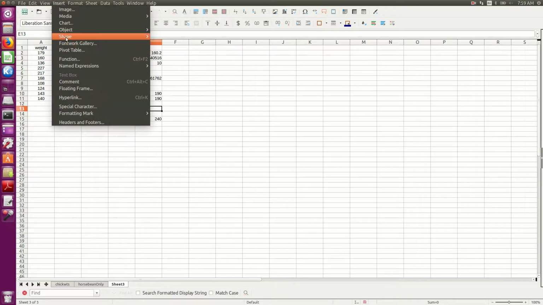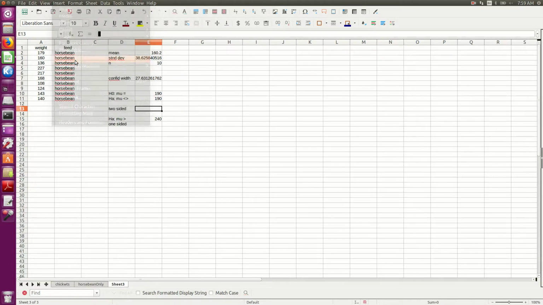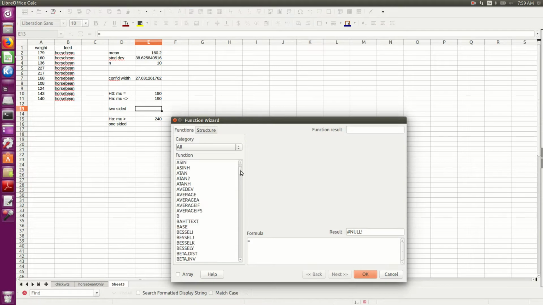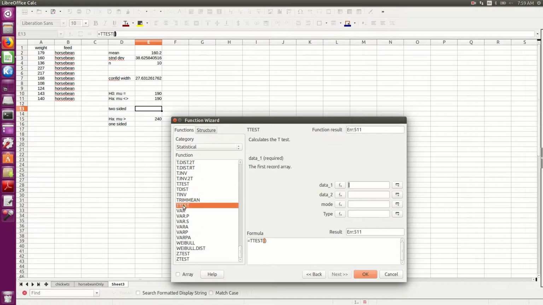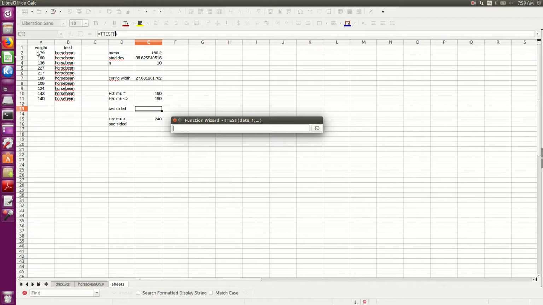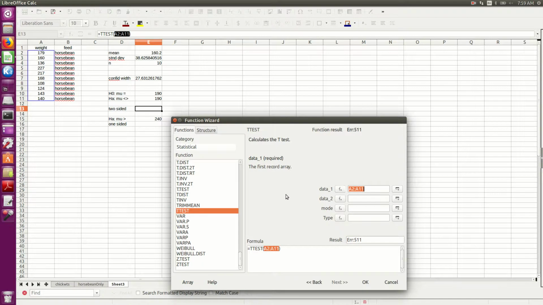So if I go to insert, it starts looking good. I say function, I scroll down here, and I find a t-test somewhere, t-test, or there's also t.test. Either one is fine. But notice, data 1 required, great. I can go up here and put that in, and so there's my small sample.